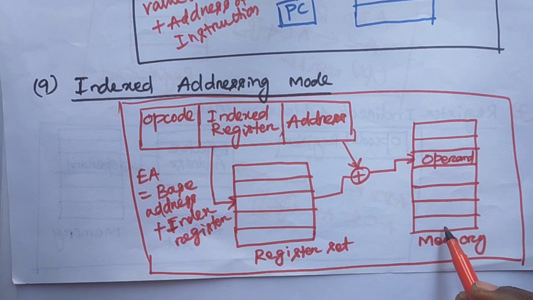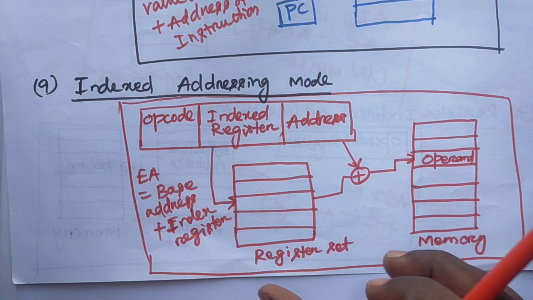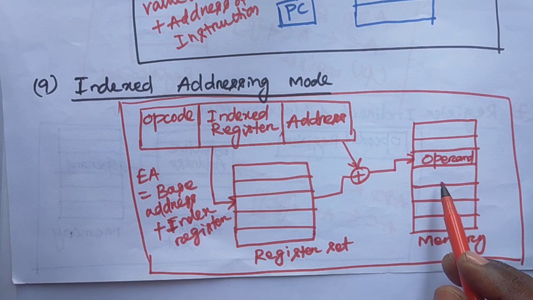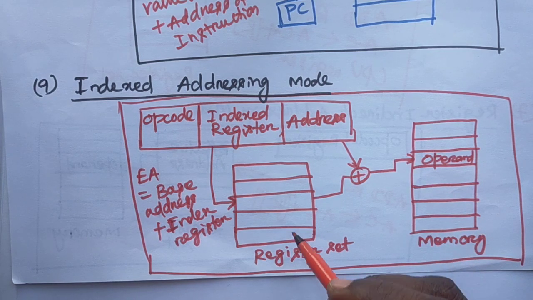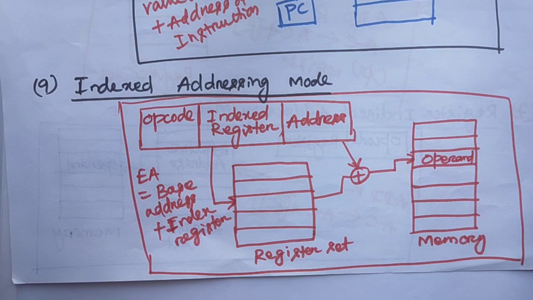The base address is available in memory, plus the index address defined through the register. The combination of both makes the indexed addressing mode.